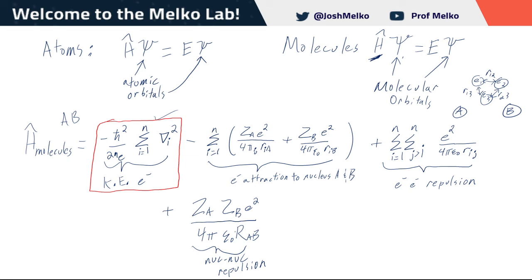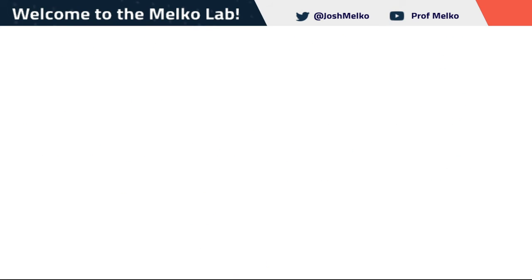Now, while it's impressive that we can write down this equation, the unfortunate thing is that it's unsolvable for anything more than one electron. So we have to undergo some approximations. If there is more than one electron, unfortunately, we must approximate.